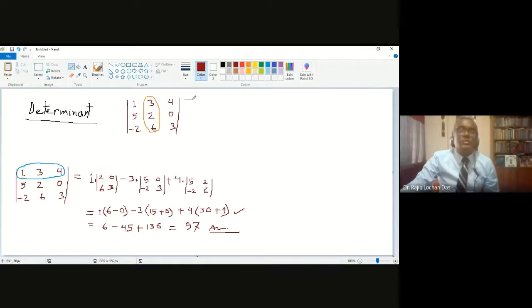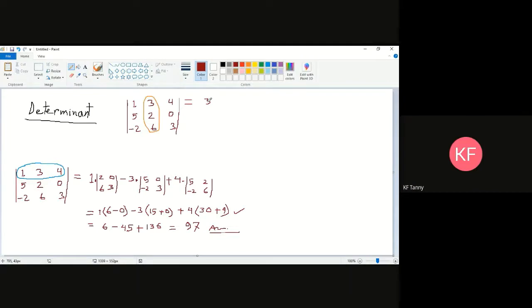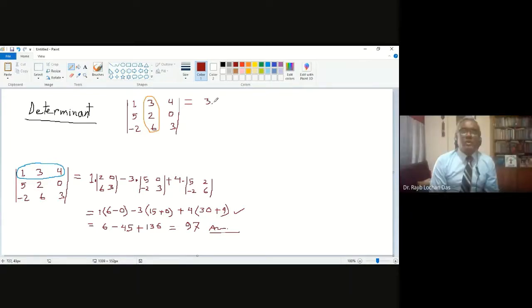If we choose this column, then the terms are like 3, then one small determinant, then 2, then small determinant, and then 6, right?